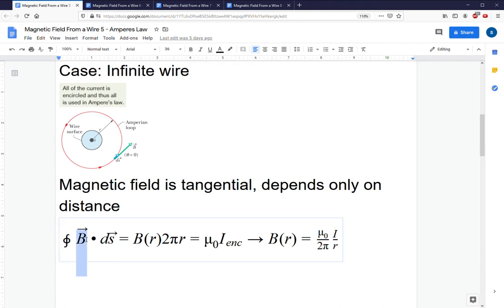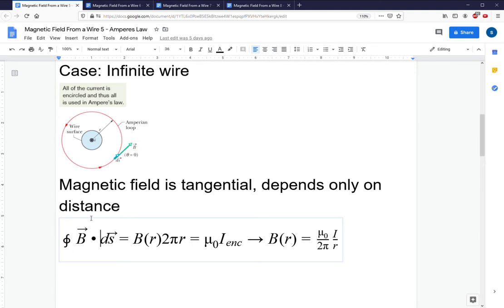Since magnetic field is constant along this path, and since it's always at the same angle along this path, we can replace this integral with just B times the integral of ds, which is the total length of this path. This path is the circumference of the Amperian loop, which has a distance of 2 pi r.